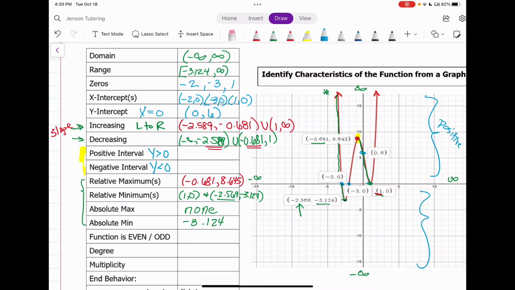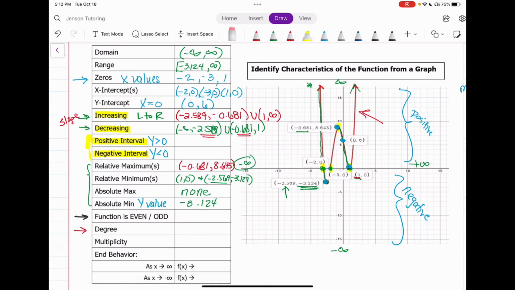Anything that's below the x-axis is negative. So for these, I'm looking at my zeros. That's what's going to show me where the graph is positive and negative. So if you want, take your hand and just cover up the portion of the graph that's below the x-axis.